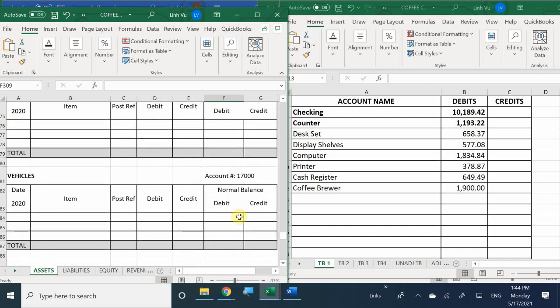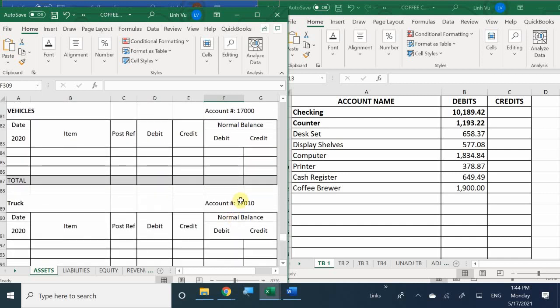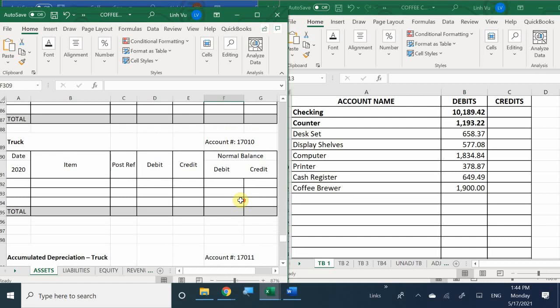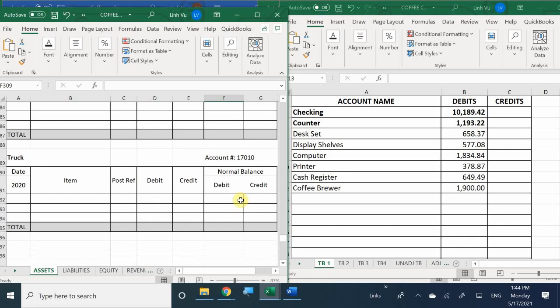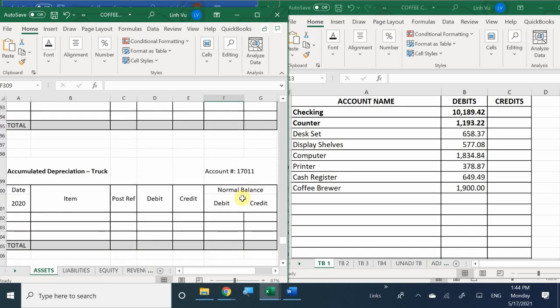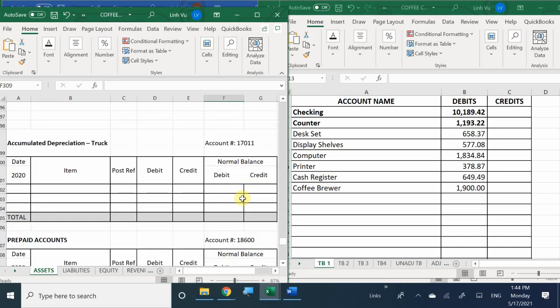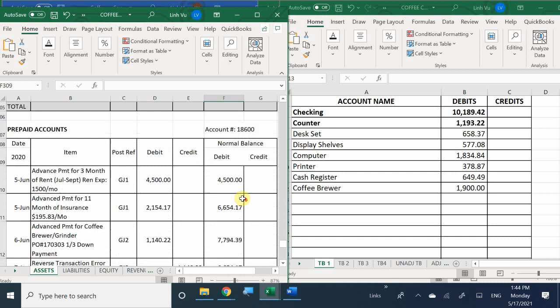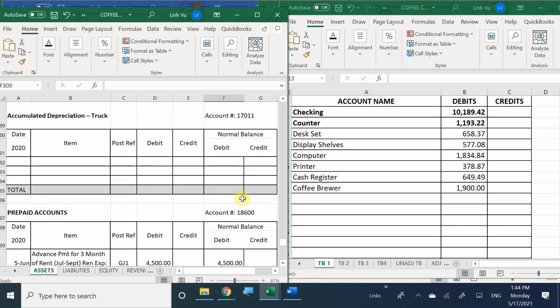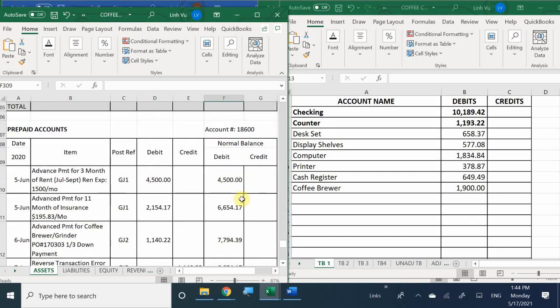All right. Now next is vehicles. So let's take a look at vehicles. Did we get a truck already? Not yet, but that's the next transaction when we start off week 2. So that will be filled eventually. So no depreciation there. So the next section we have is going to be prepaid accounts.